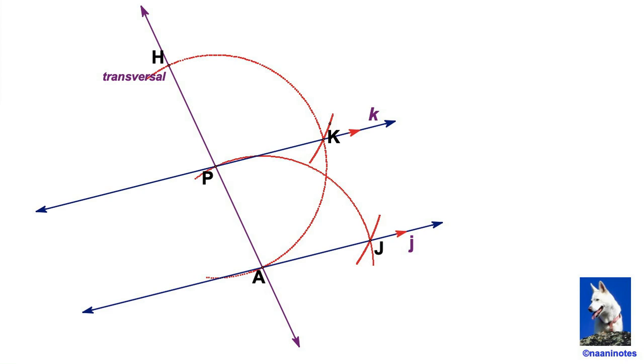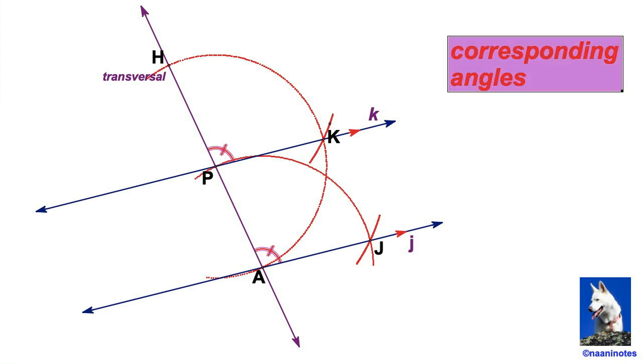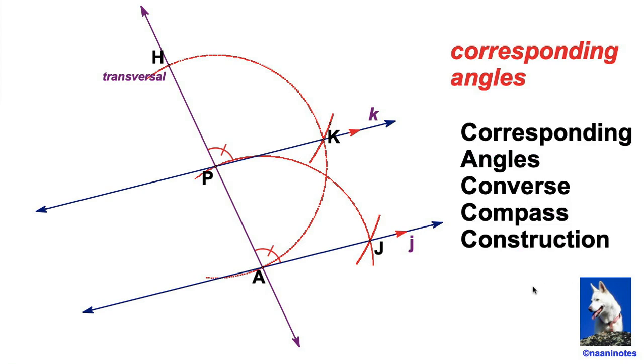And how did we construct them? Well, we used corresponding angles. So I'm going to put the little congruence mark there because we used the angle copy procedure with our compass, 4 compass swings to make that happen. I'm going to call this the corresponding angles converse compass construction.